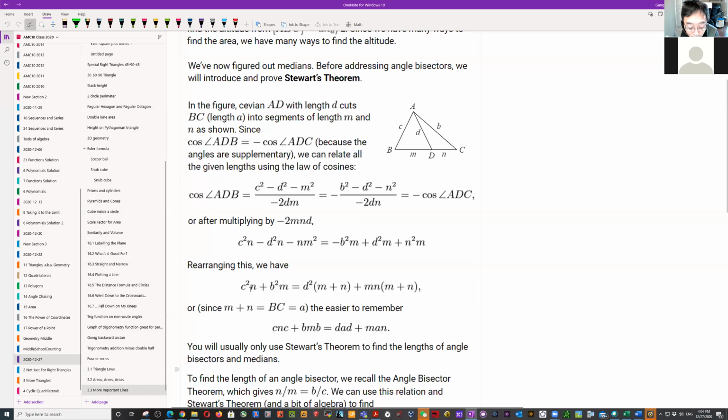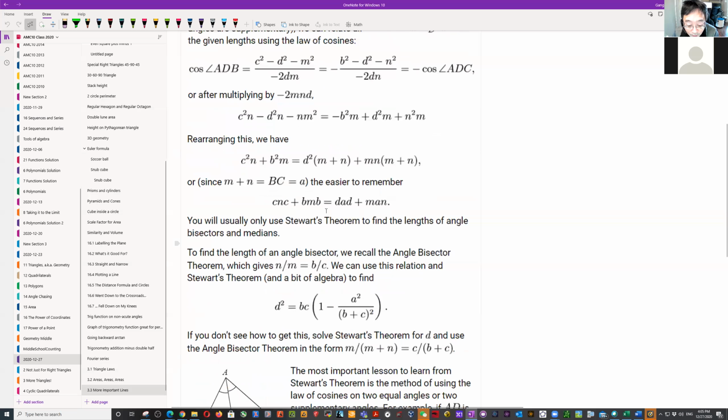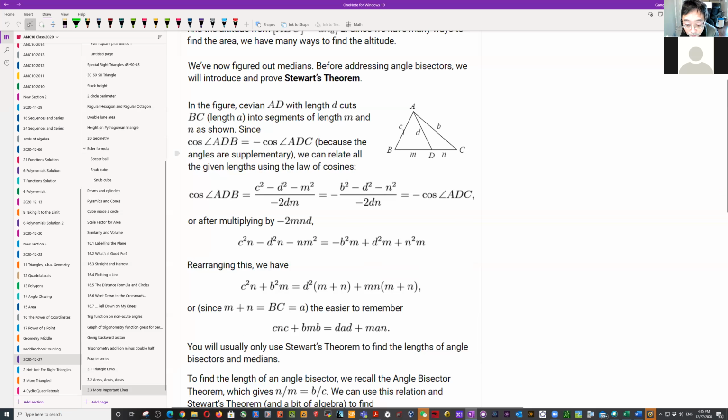And so we have this formula. They make it easy to remember with the mnemonic: C squared M plus B squared N equals DAD, "a man and his dad" (dad plus dad man).